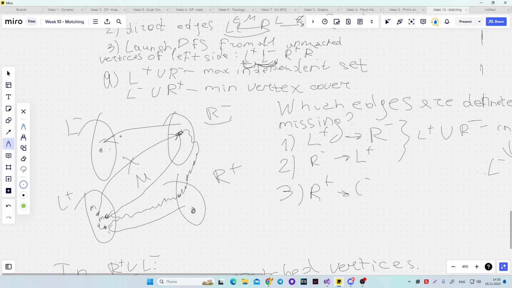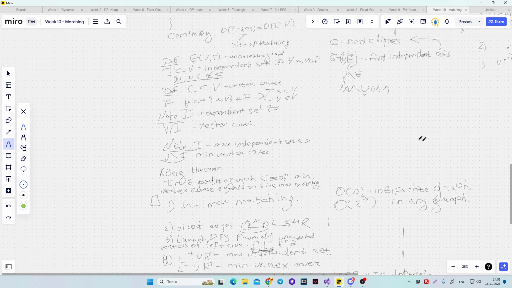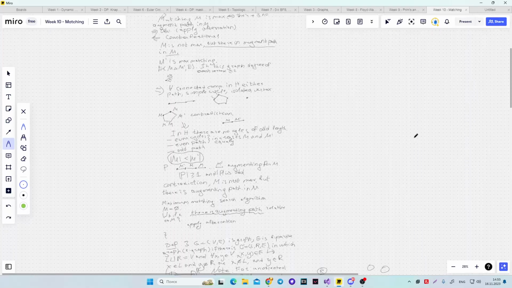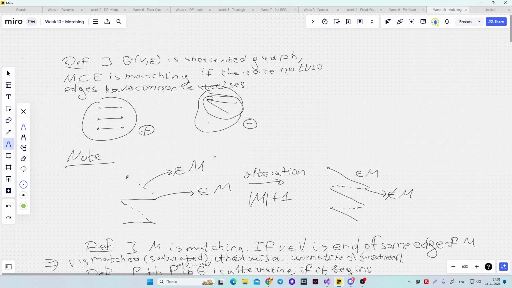And notice that if we consider matching, every vertex has a unique edge.